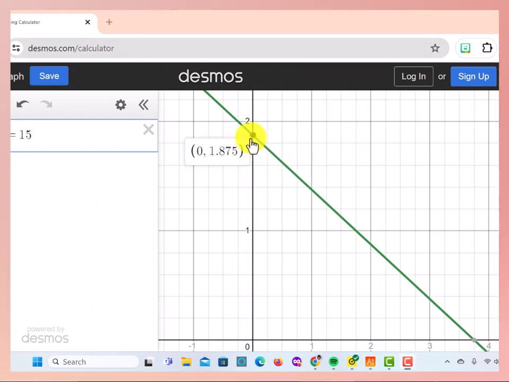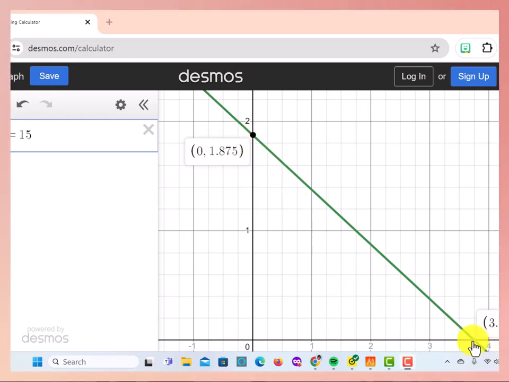What that means is, on the y-intercept, if 0, remember x is the number of pounds of raisins, if we buy 0 pounds of raisins, we can buy 1.875 pounds of walnuts, and that will equal exactly $15.